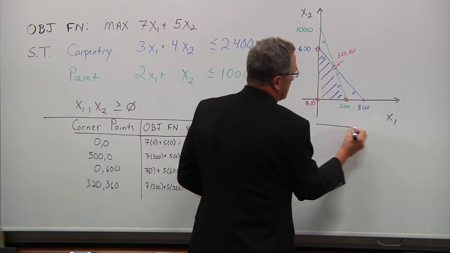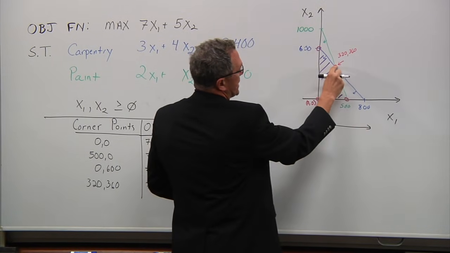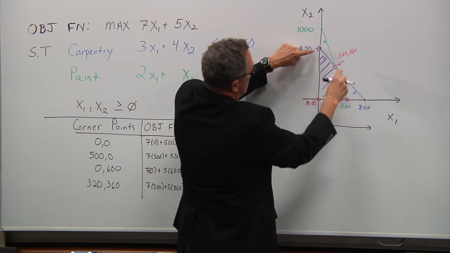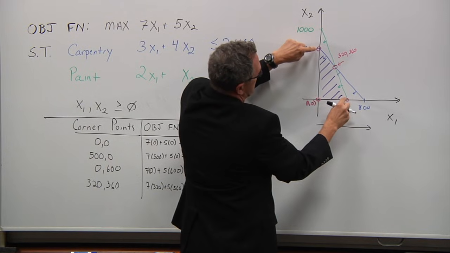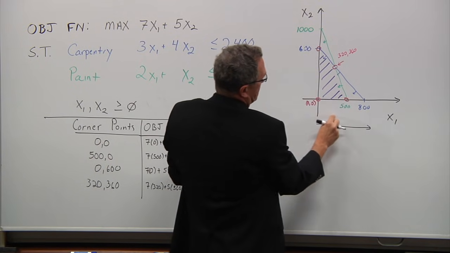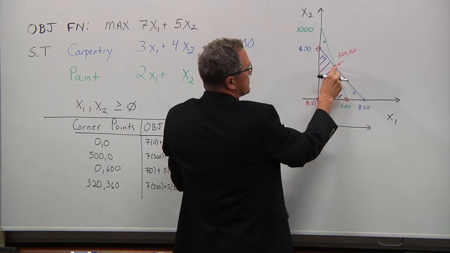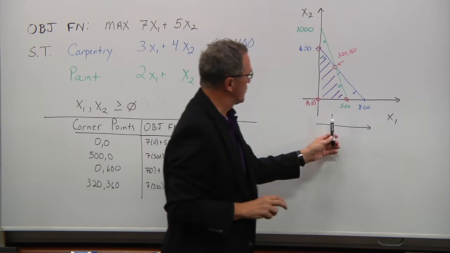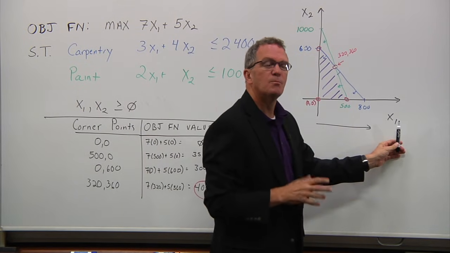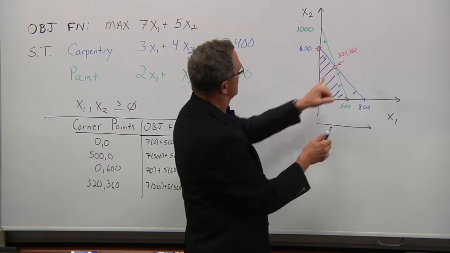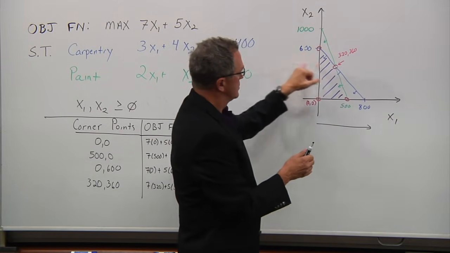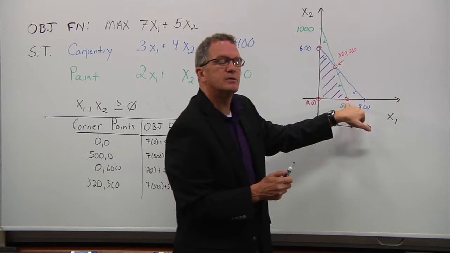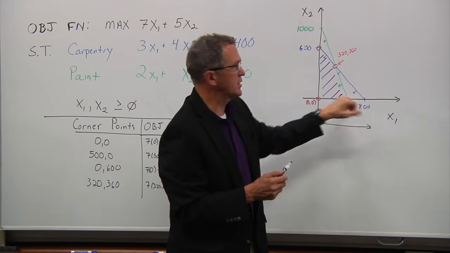It's going to be in a positive x1 direction. Here's my current optimal solution. Here are my two adjacent points. Which one is in a positive x1 direction from the current optimal solution? In other words, positive x1 is more tables. Well, this one goes backwards. This one goes forward. So this would be the adjacent point I'd want to use.